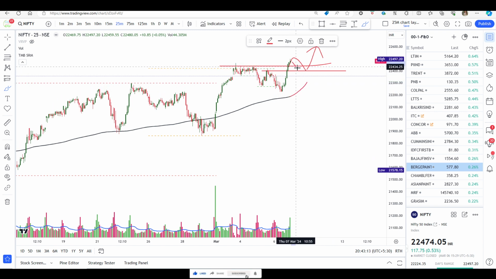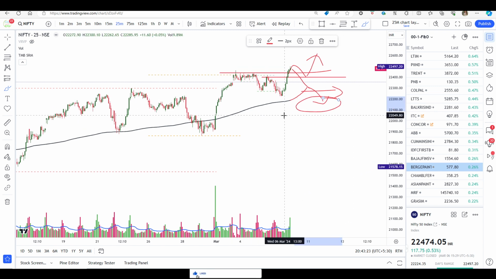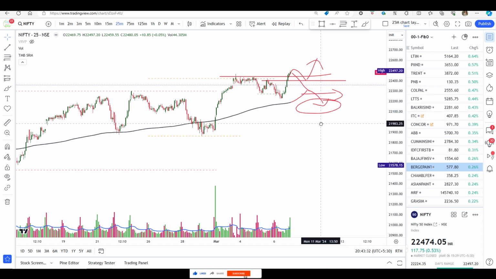Instead, what happens is the 200 moving average slowly moves, and the market comes in this direction and closes below the 200 moving average. Sorry, by mistake I keep on saying 20 moving average; you consider it as the 200 moving average.